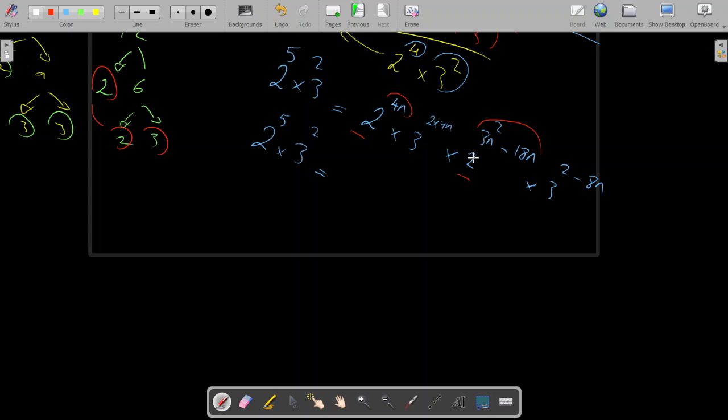So when we multiply, if you remember, don't forget this one is very important. This is equal to a to the power of m plus n. It means that we're gonna add the powers of the 2. So 2 to the power of what? 4n plus 3n squared minus 18n.